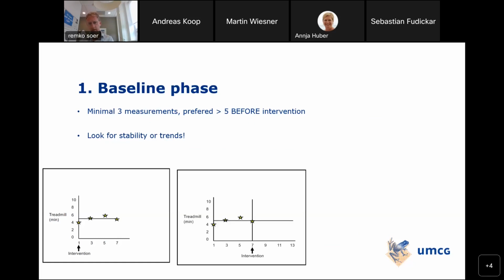But let me explain by this. So if you have your intervention and you have the same pattern, but then as a baseline measurement, and you start your intervention at day 7, then you can see something completely different, because what you see is that the baseline is not a stable and given situation.